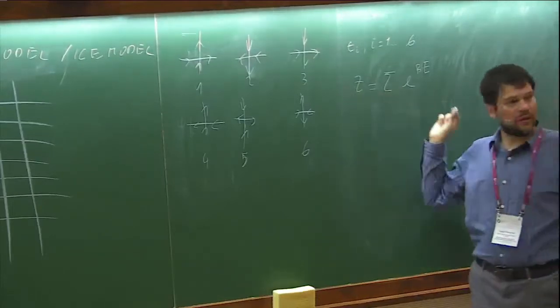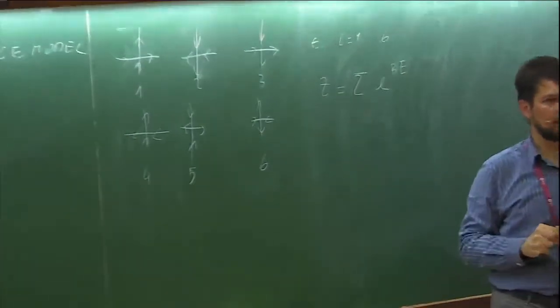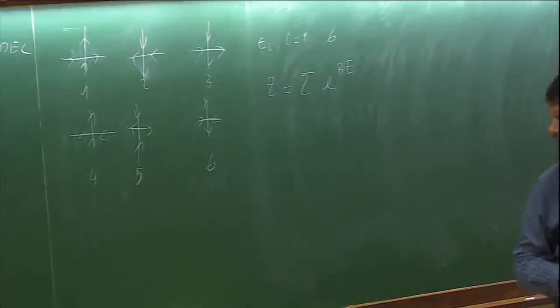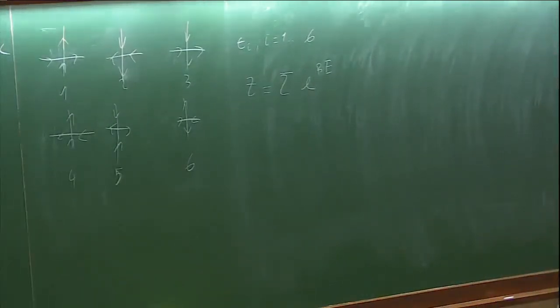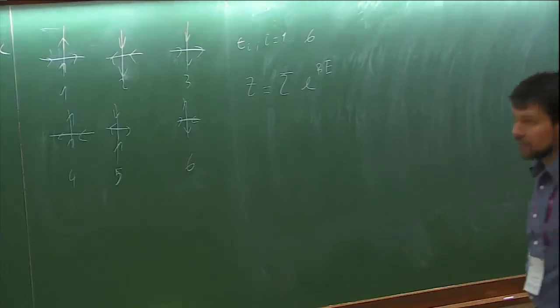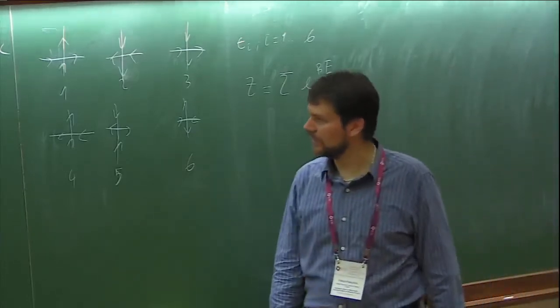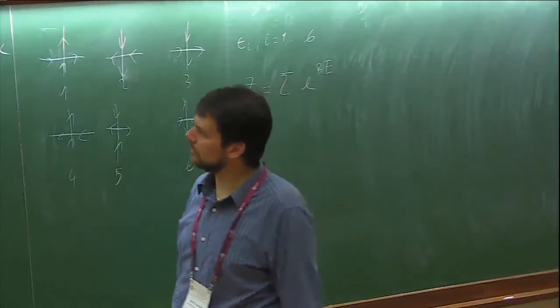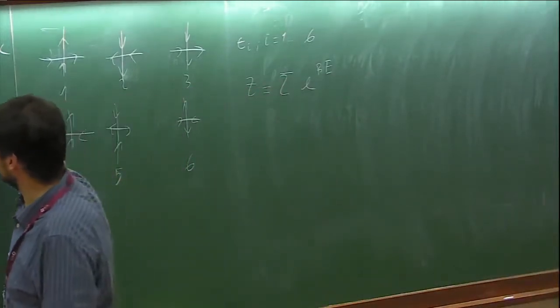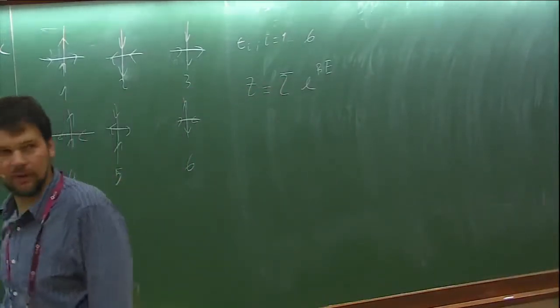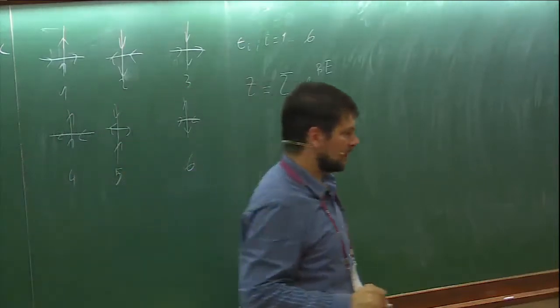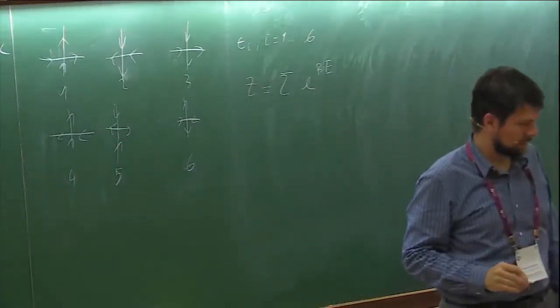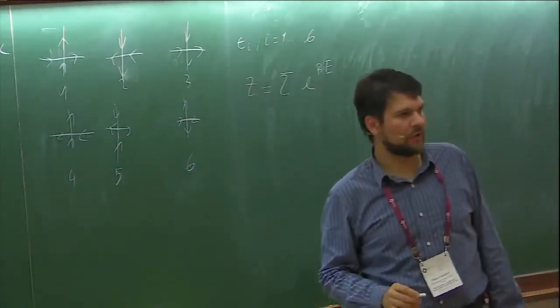So you want to calculate this object. But there are some simplifications. The first is that we want to impose periodic boundary conditions in all the directions.